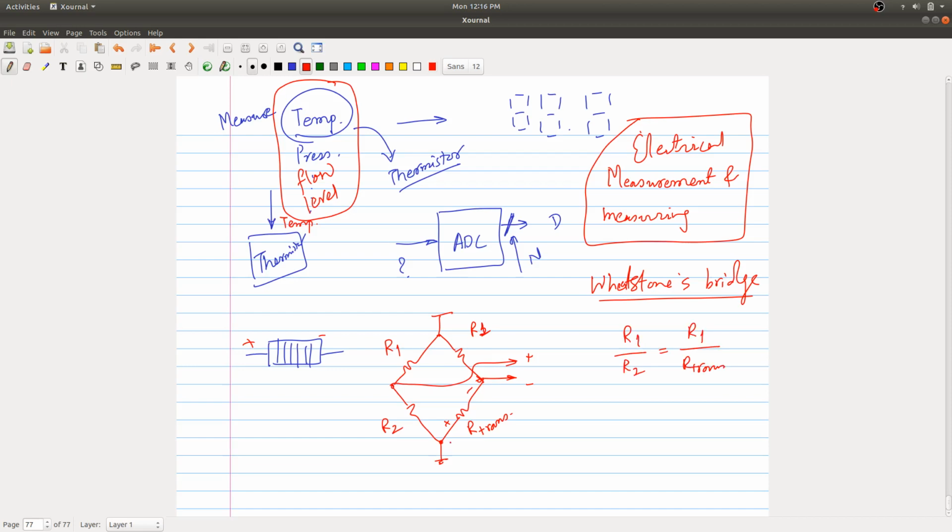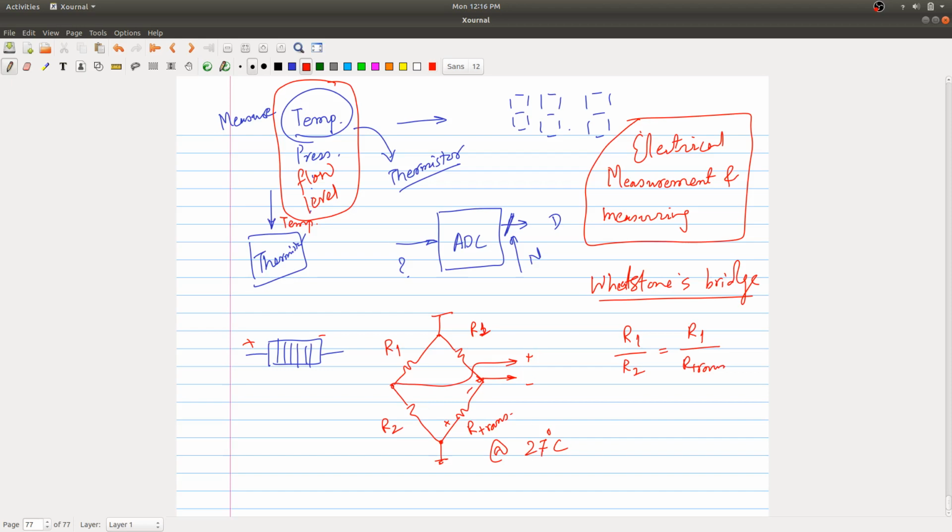If R transducer is exactly equal to R2 at an ambient temperature of 27 degrees, then everything is fine. Then there is no fluctuation across these two terminals. Or if you keep a galvanometer, you must have done it in school, checking whether it's 0 or something else, right? This is the only trick.